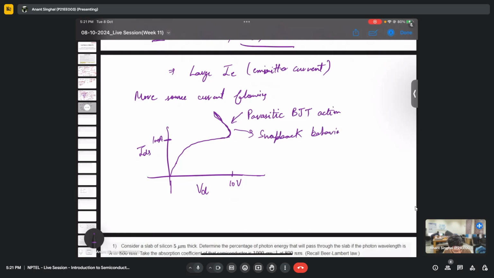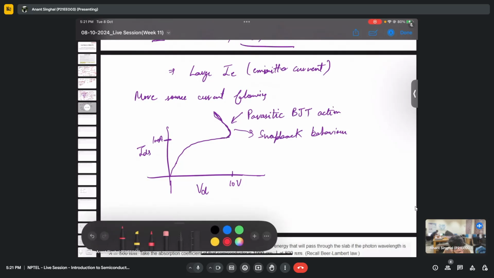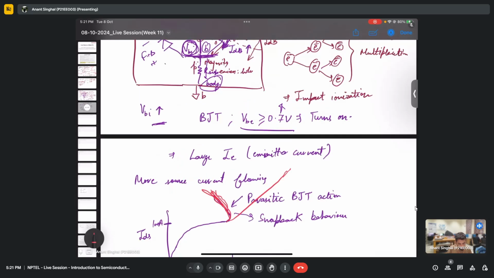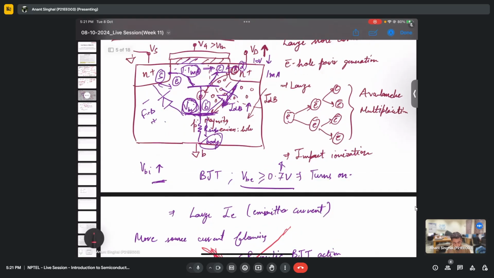Basically, the voltage is snapping back instead of increasing like this as it should, due to, let's say, impact ionization or something. The current should be like this. But ideally, what happens is that due to this parasitic BJT turning on, we have more source current already supplied to the channel, and effectively we do not require a large amount of VD, and this goes back. This is what we call snapback, and it happens due to this parasitic BJT which is already present inside the MOSFET. Make sense?